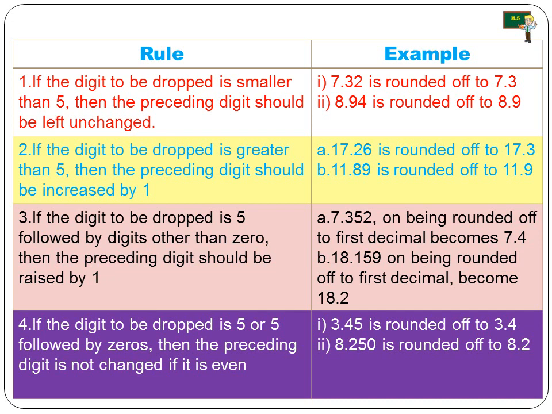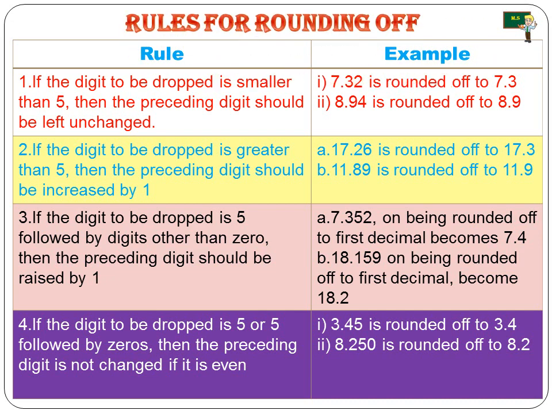Now let's move to the rules for rounding off. What are the rules? First one, if the digit to be dropped is smaller than 5, then the preceding digit should be left unchanged. That is, 7.32 is rounded off to 7.3 and 8.94 is rounded off to 8.9.